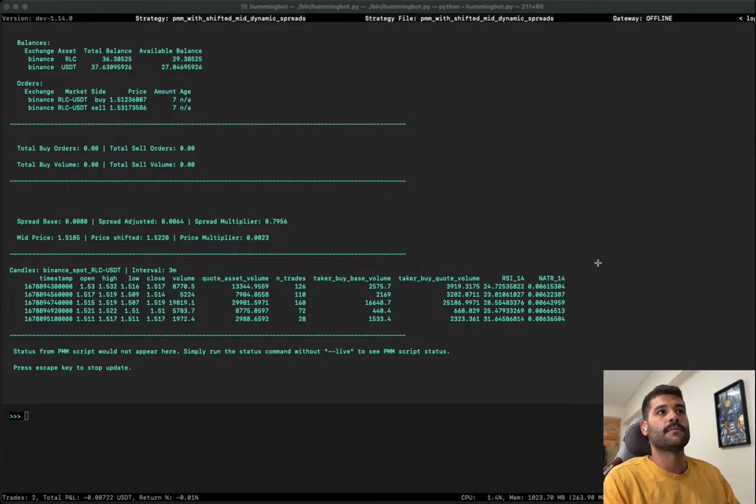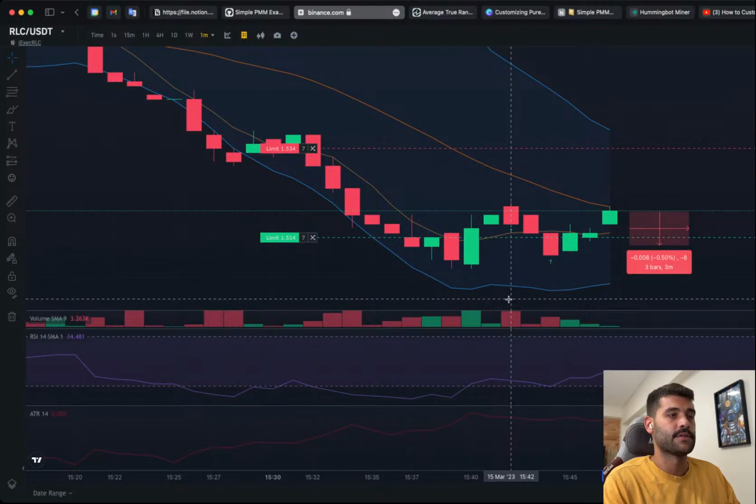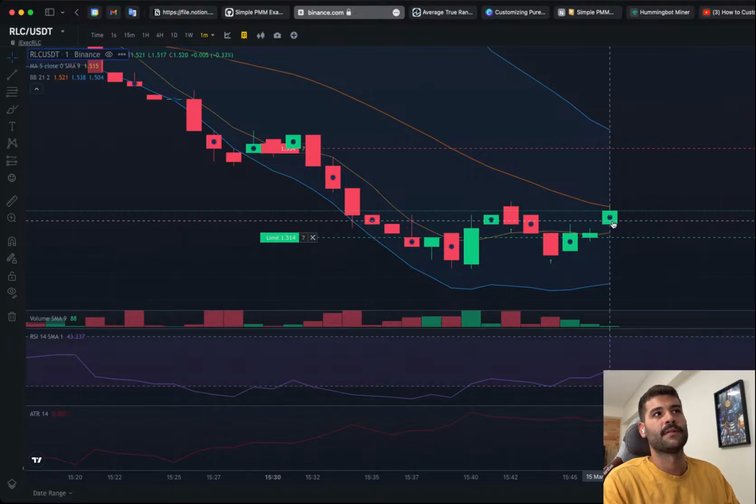So as you can see here, if the average true range is, let's see which is this distance. This distance is 0.73, and here we have 0.5%. That is expected. Sorry, I wasn't showing Binance, I was showing the terminal.